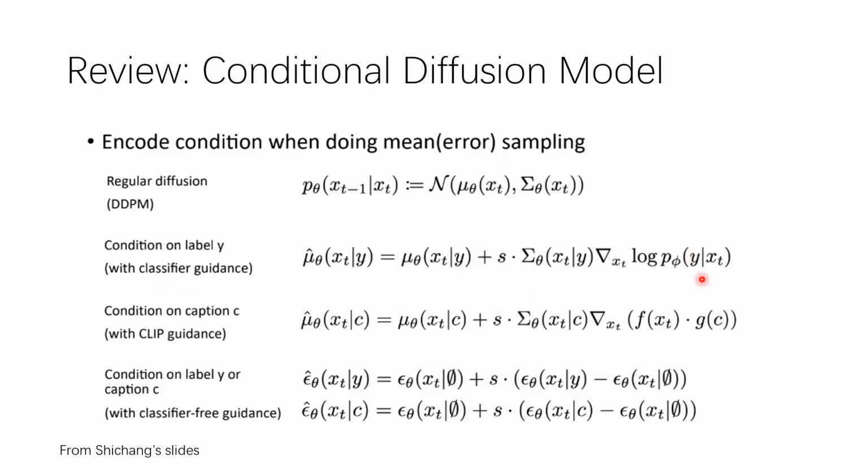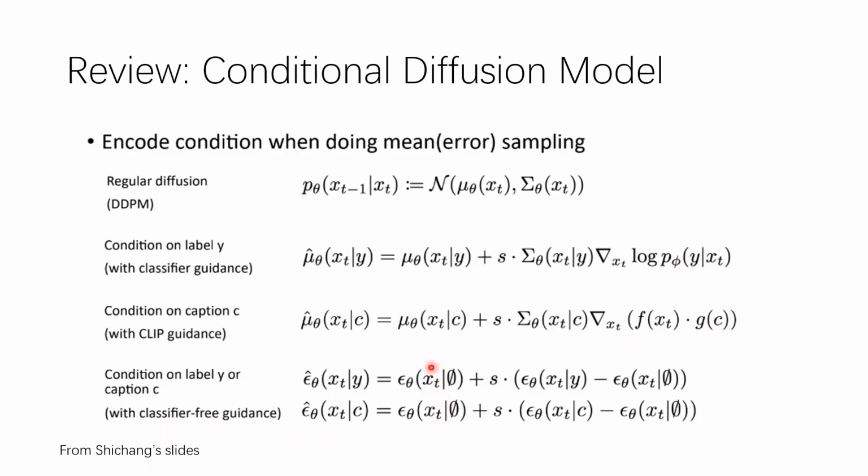There is a probability of y given xt, so you move your step towards the ones that increase the probability that this image has a label of y. And this one is similar to that, except you replace the classifier with an inner product between two embeddings, but it's basically the same idea. Today we will focus more on the classifier free guidance.